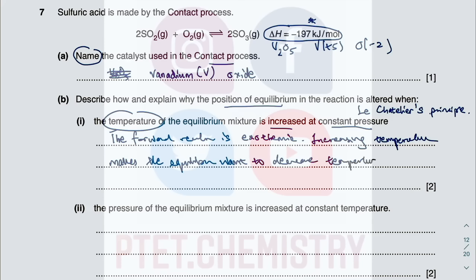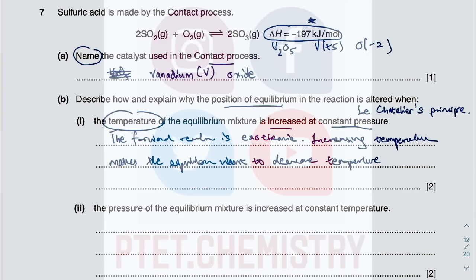So Le Chatelier's principle says for a system in equilibrium, when you introduce a change to the system, the equilibrium will try to go against the change. It will try to oppose the change. You increase the temperature, the equilibrium wants to decrease temperature.